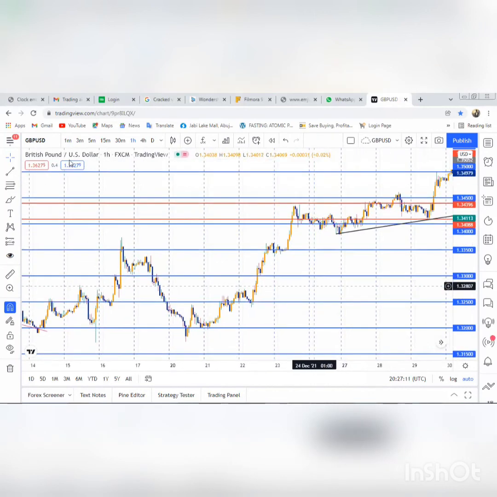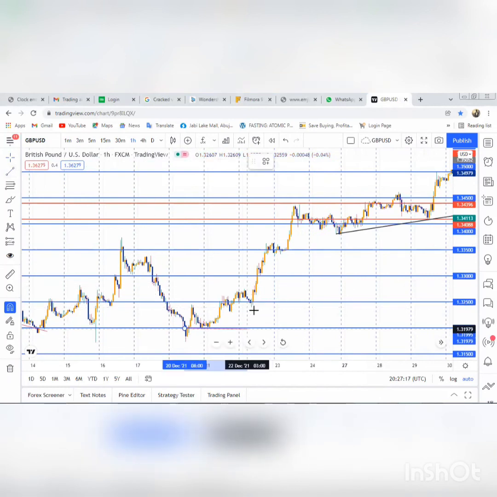Okay. So here, let me just draw this one. Let's say this would have been 1, should have been 2, and then 3, and then we have, see the movement, guys.